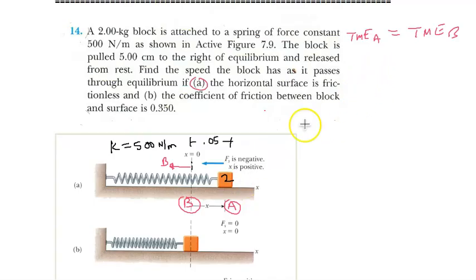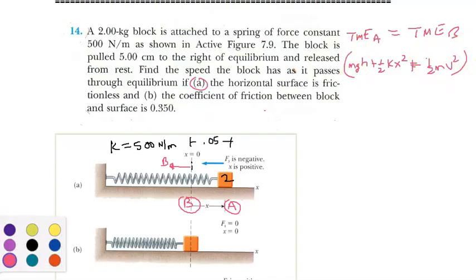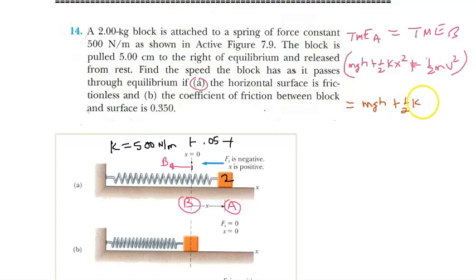Okay, so let's practice writing everything you might possibly have: mgh plus 1/2 kx squared, plus 1/2 mv squared, all of that at point A, equals mgh plus 1/2 kx squared plus 1/2 mv squared at point B.